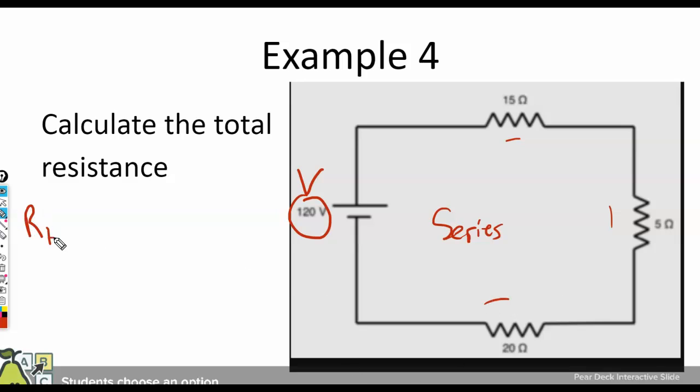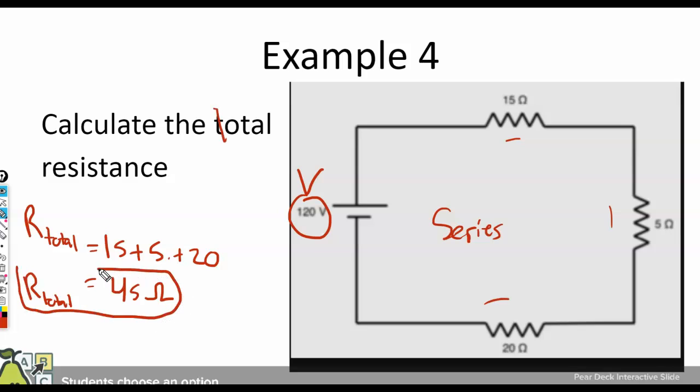To find the total resistance, I'm just going to add up the resistances. So I have 15 ohms plus 5 ohms plus 20 ohms, and that's going to be 45 ohms. Hopefully that's what you got for example 4. Please pause there and make sure you add that into your notes.